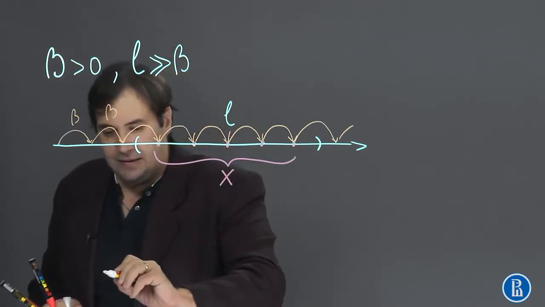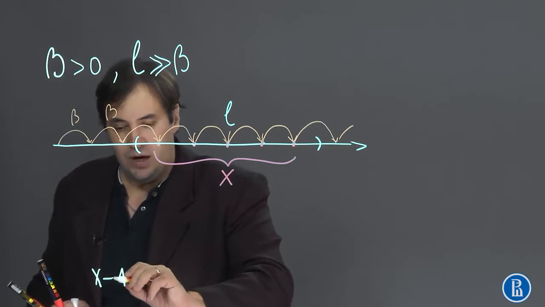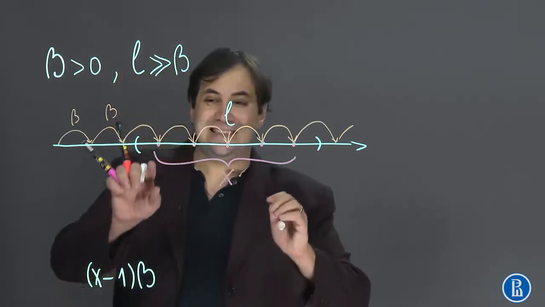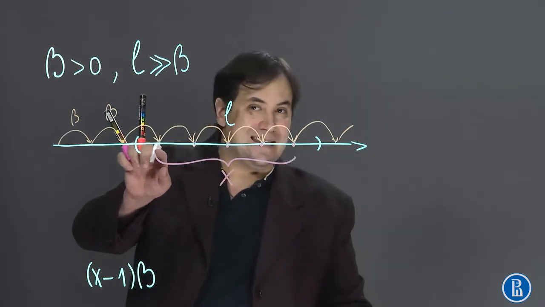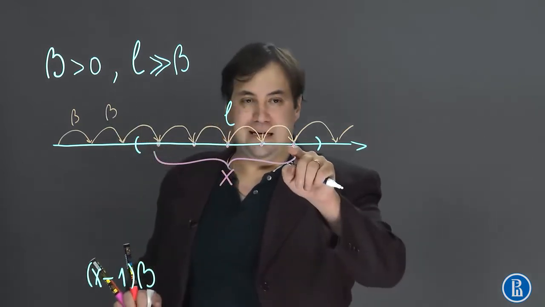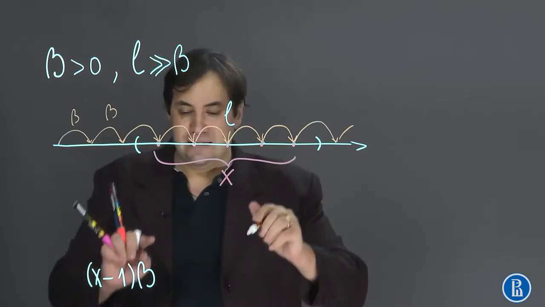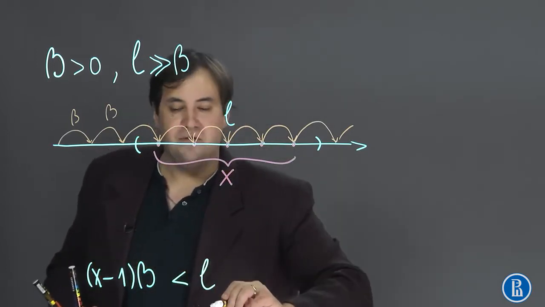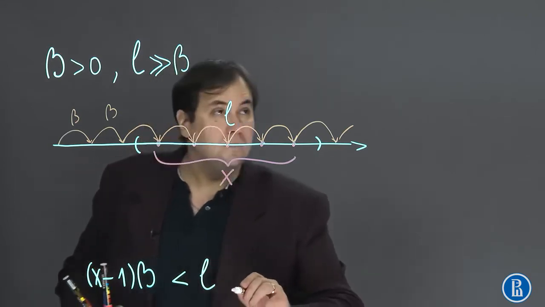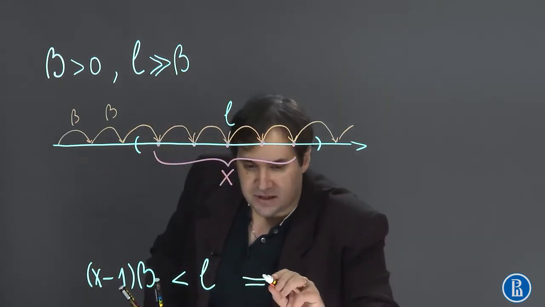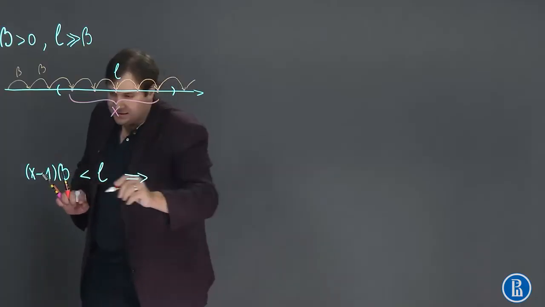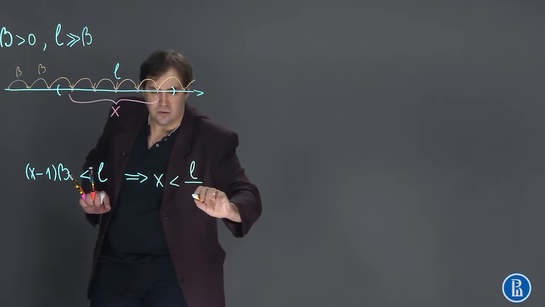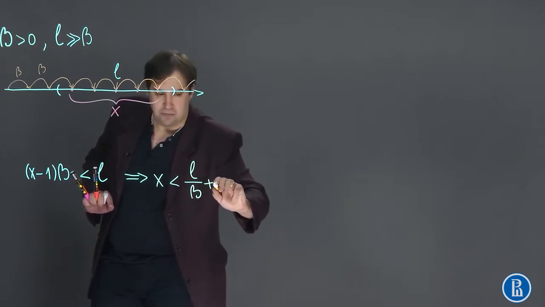So we can say that x minus 1 multiplied by beta, which is the distance between the first point inside the interval and the last point inside the interval, is by all means less than the length of the interval. So from this it follows that x is less than L over beta plus 1.